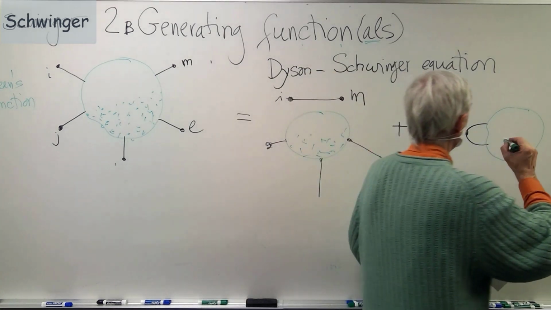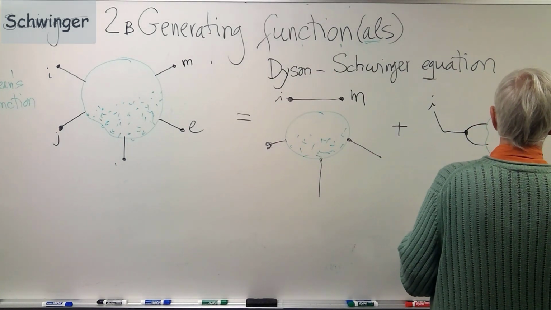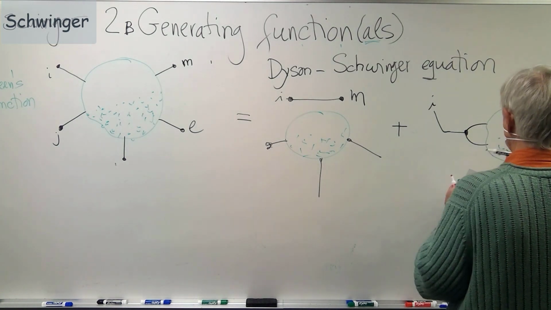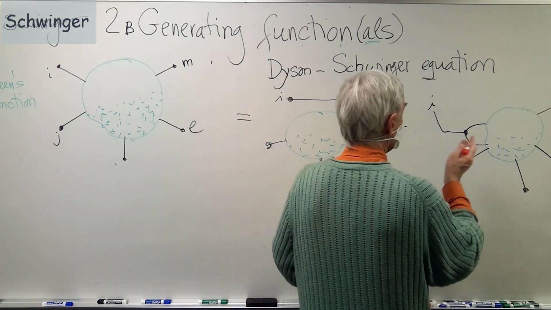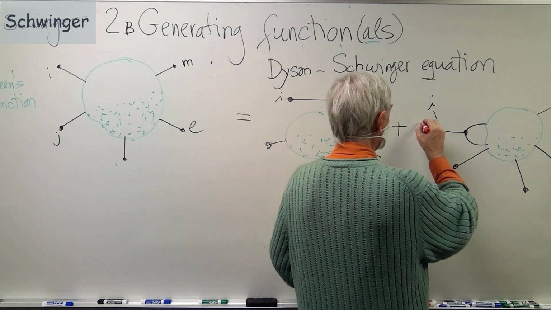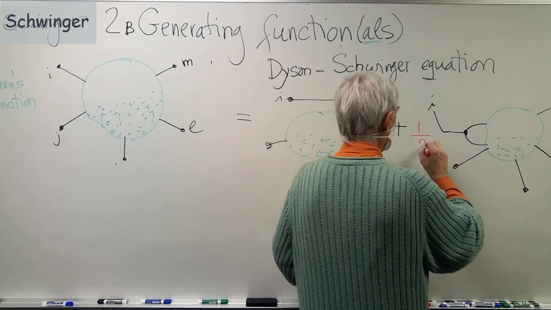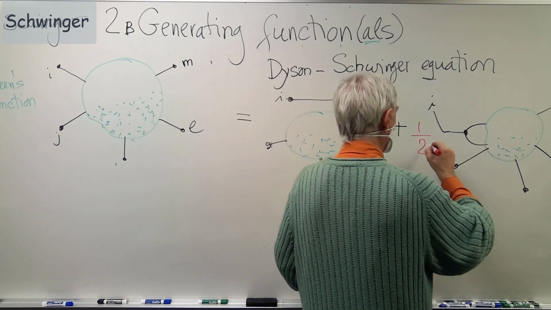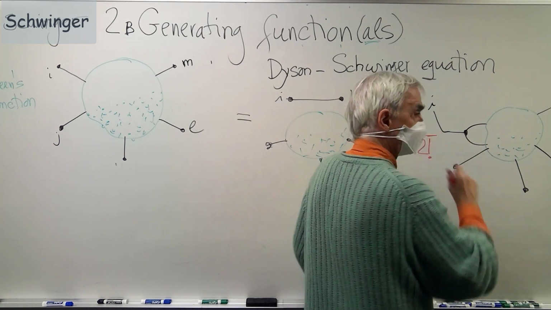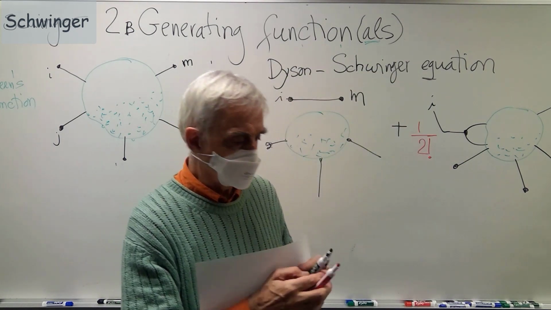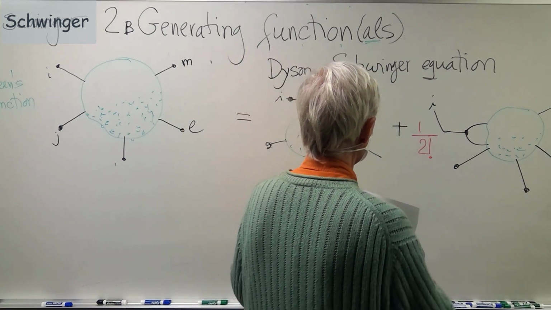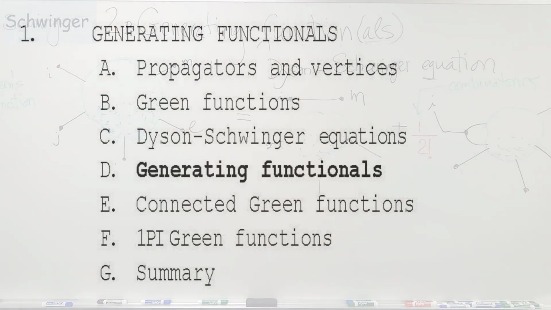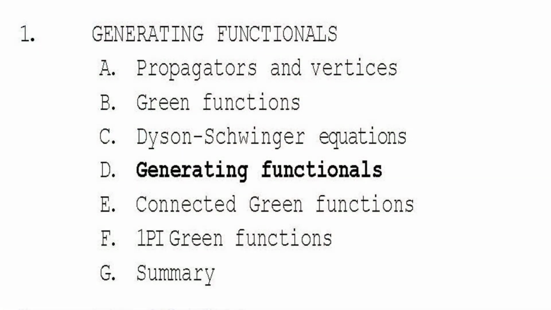If it's connected, it's related to one with 1 leg more in this particular case, because all the other legs are still around. When you think about it a little bit, you realize it's convenient. Whenever this happens, you can distinguish who is first, who is second. It's convenient to divide it by 1/2. That's just combinatorics, not important, but convenient. So that's Dyson-Schwinger equation.